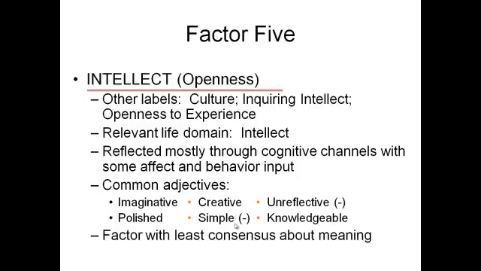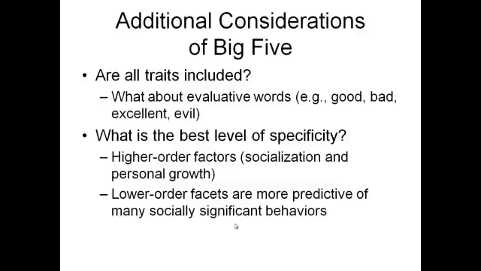The O would stand for openness. The C would stand for conscientiousness. The E would stand for extroversion. The A would stand for agreeableness, and the N would stand for neuroticism. So if you want to remember what the big five factors are, think of the ocean, and you'll be able to remember.